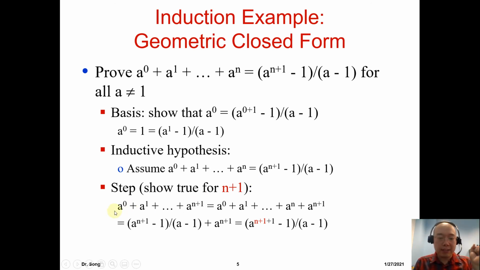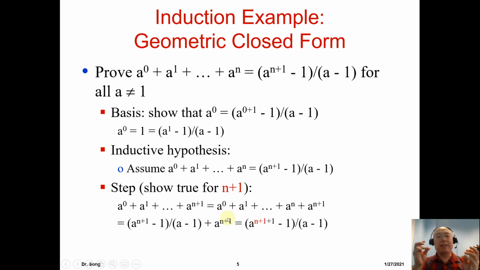The process is similar because we are adding together a to 0, a to 1, a to 2, all the way up to a to n plus 1. But if you grab the first n items, that is a to 0 all the way to a to n, what is that? That's the inductive hypothesis, and that is this part, and then we are adding this together.